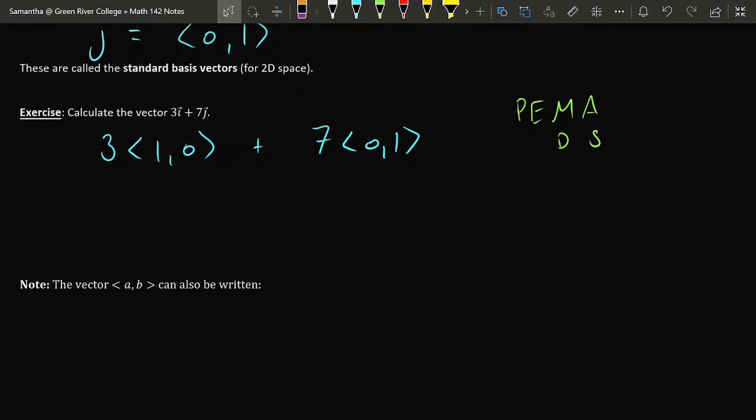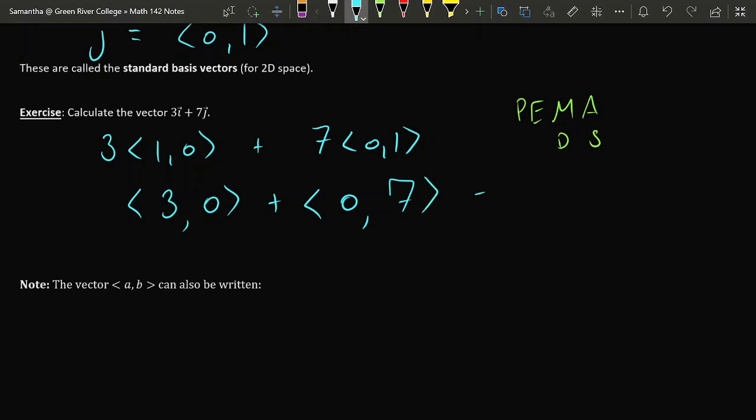The first thing that we're going to do is complete the multiplication, and then we will do the addition. So I'm going to multiply component-wise by 3, and 3 times 1 is 3, and 3 times 0 is 0. And I'm going to multiply component-wise by 7. 7 times 0 is 0, and 7 times 1 is 7.